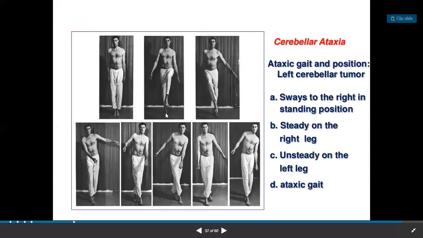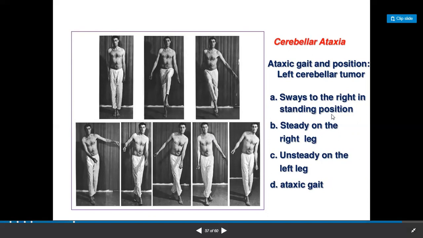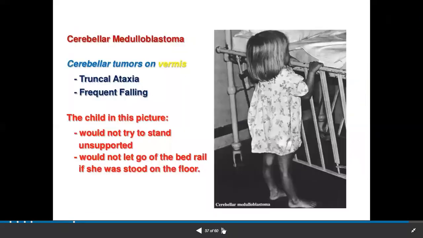So in cerebellar ataxia, you can see the gait is highly disturbed. This is the place where you have the left cerebellar syndrome. Basically, the right cerebellar hemisphere controls the right half of the body, and the left half of the cerebellum controls the left half of the body. Here you can see, standing position, steady on the right leg, unsteady on the left leg: ataxic gait.